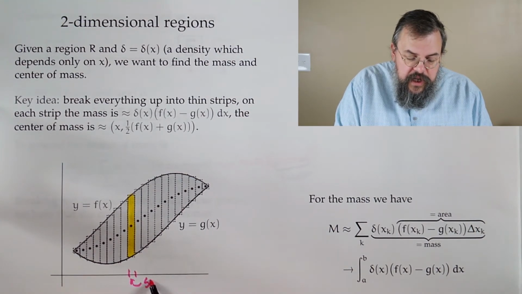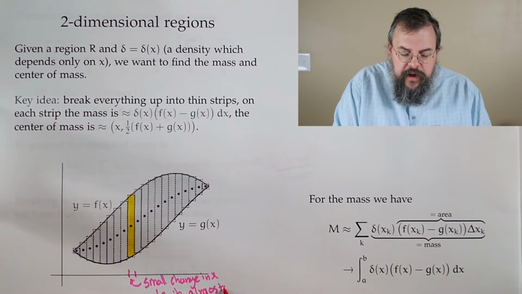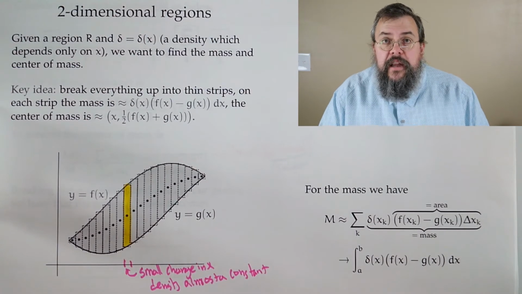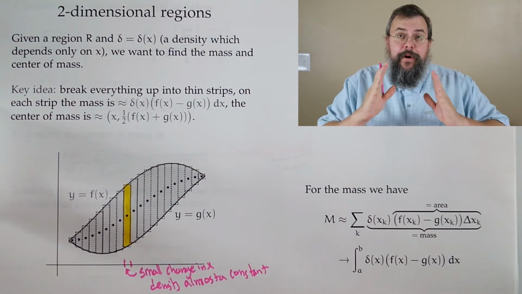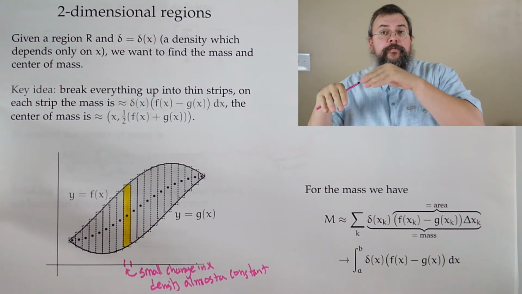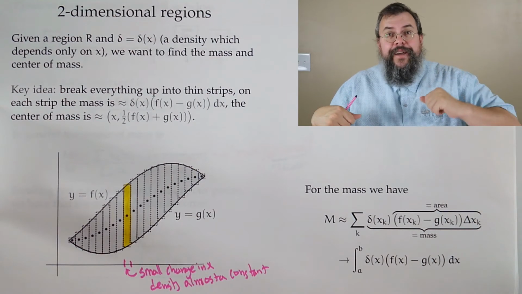So a small change in x tells us that our density behaves almost like a constant. It doesn't change much. Density doesn't change very much over that length. Now that's why we want it to be only a function of x. If we were to slice horizontally, only a function of y. What happens if our density changes with both x and y?